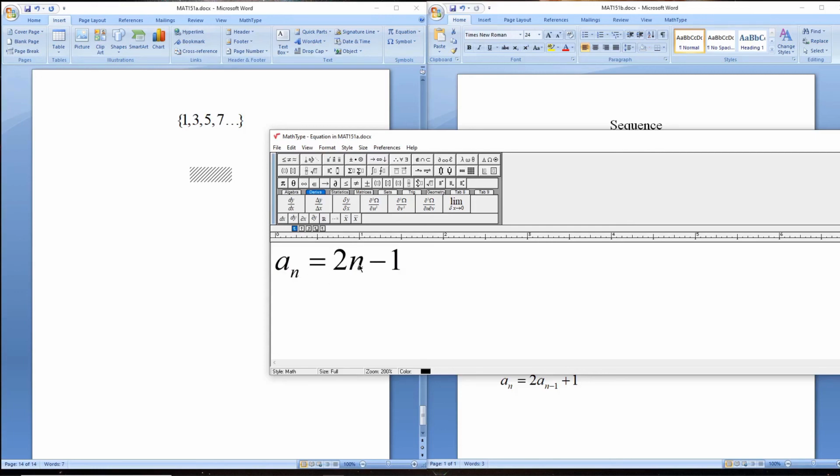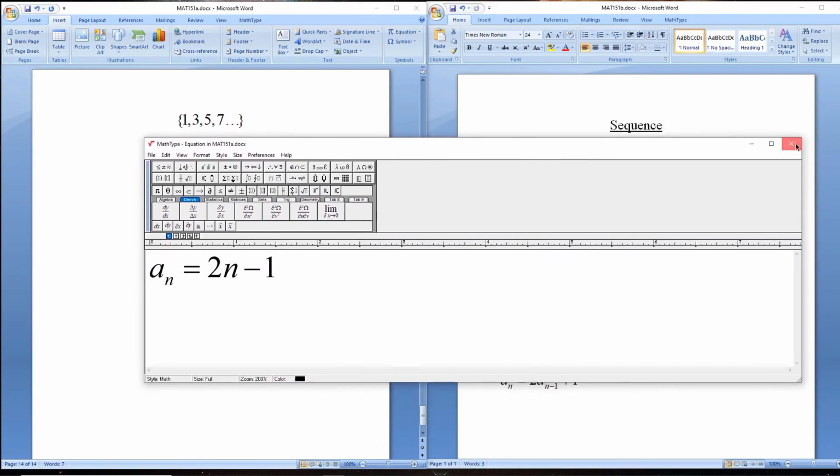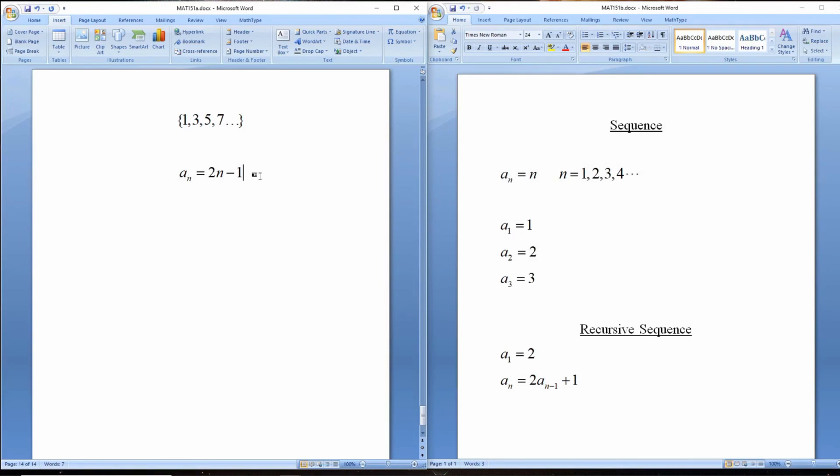So notice when n equals 1, 2 minus 1 gets us 1. When n equals 2, we have 4 minus 1 is 3. When n equals 3, we have 6 minus 1 is 5, and so forth. So this is a common expression you'll see, 2n minus 1, and this means listing out all the odd numbers.